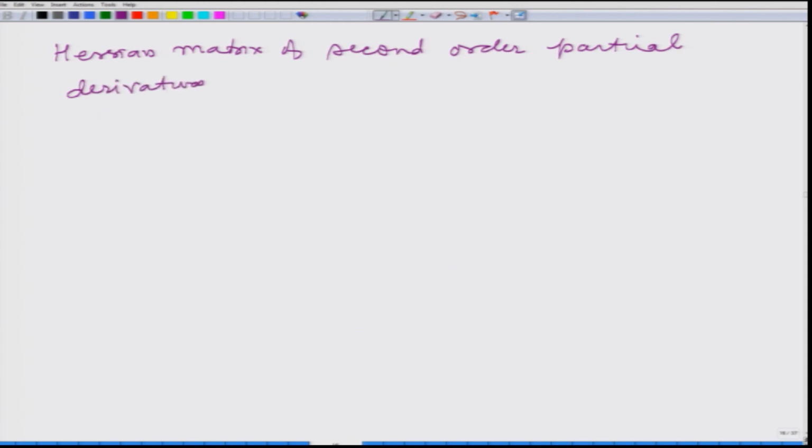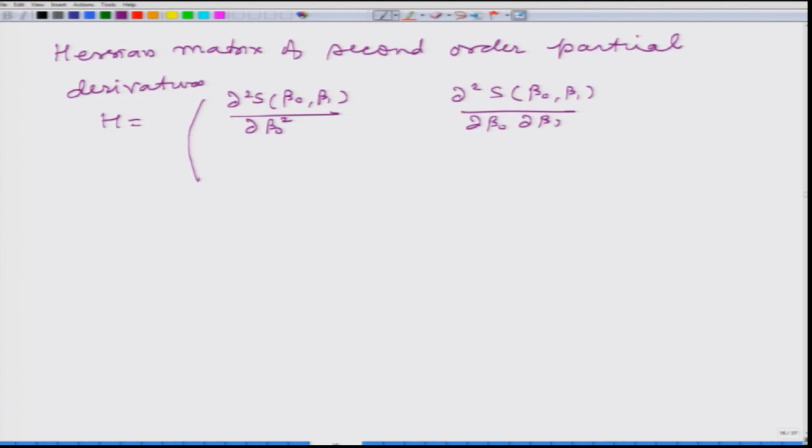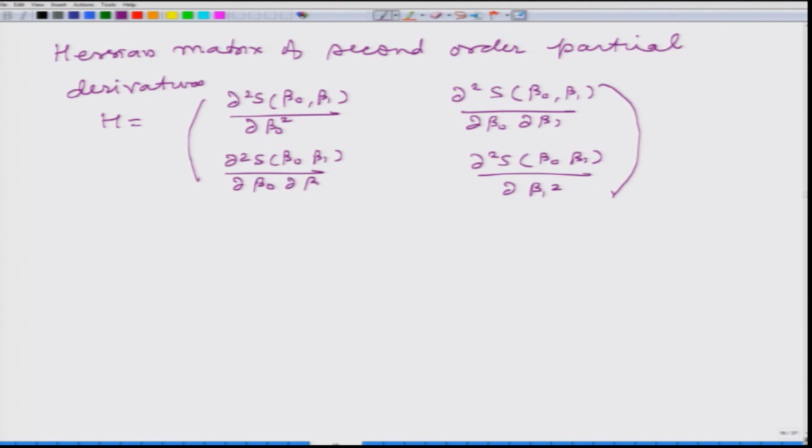is defined here as H, a 2 by 2 matrix with the second order partial derivative of S with respect to beta 0 squared, the second order partial derivative of S with respect to d beta 0 d beta 1, and on the other diagonal the partial derivative of S with respect to beta 1 squared. The off-diagonal term is the same, with respect to d beta 0 d beta 1.